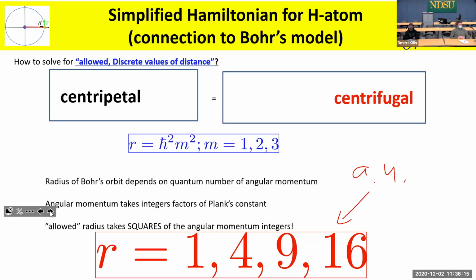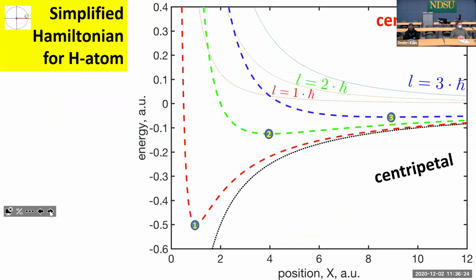So these solutions correspond to the minimum of these potential curves, right? And we may plug these values of allowed distances into the expression for the total energy, which is kinetic plus potential.